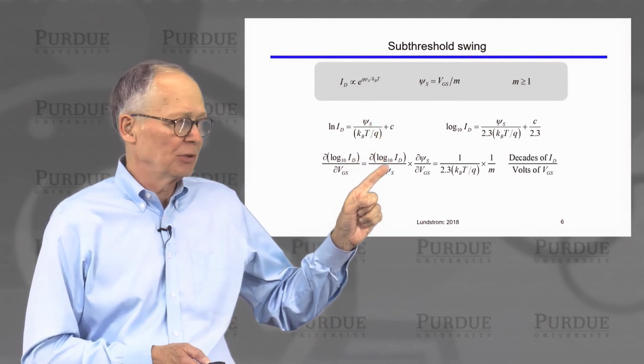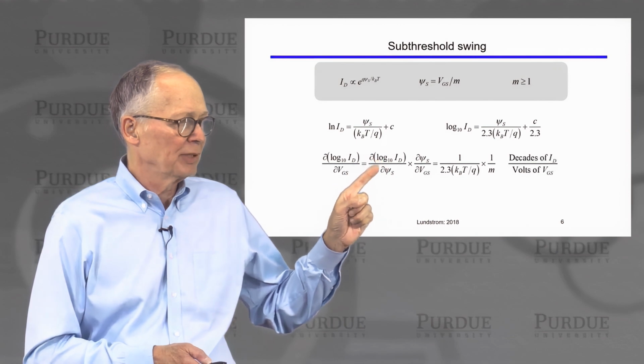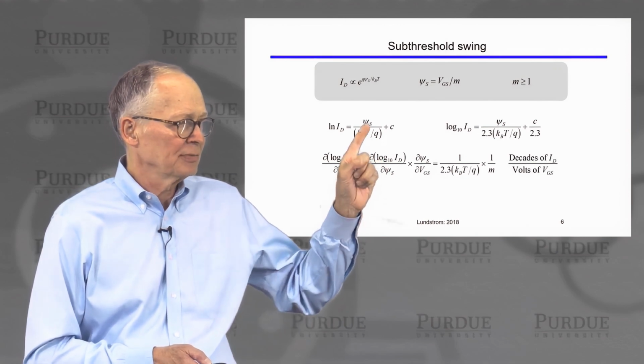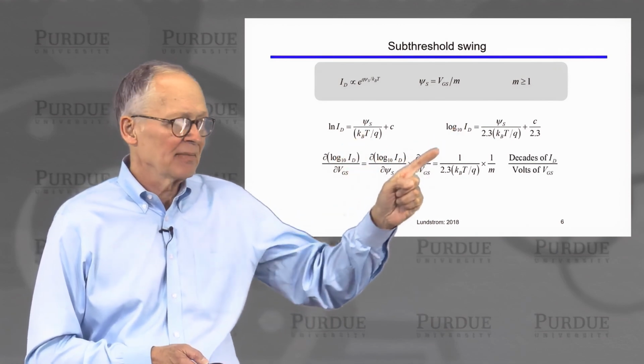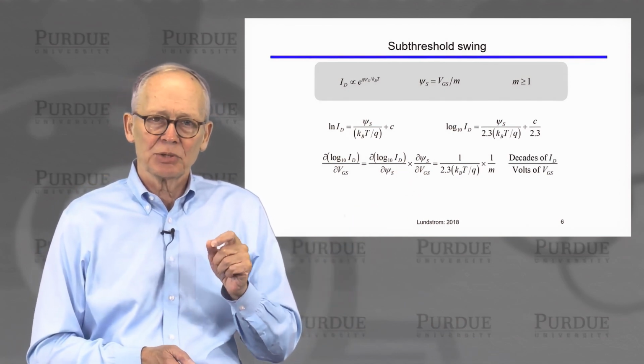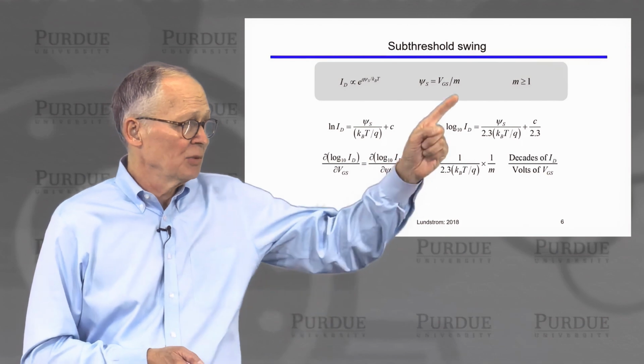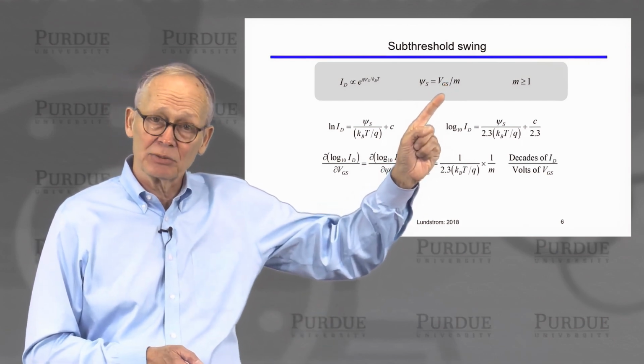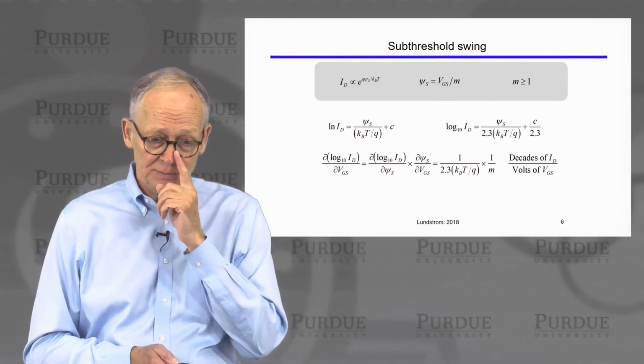Well, we could use the chain rule. The first part would be the derivative with respect to the surface potential, which we can take right here. And the second part would be the derivative of the surface potential with respect to the gate voltage, which we can do because we know the relation between the gate voltage and the surface potential.